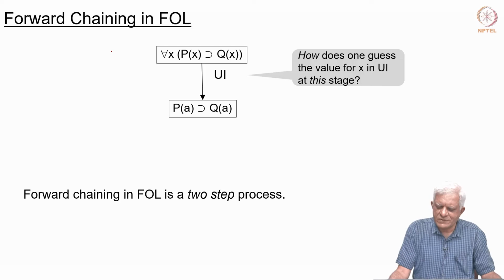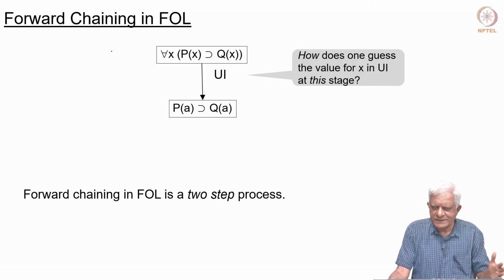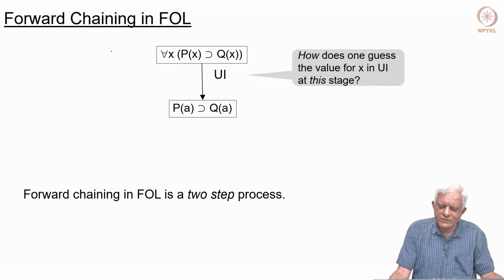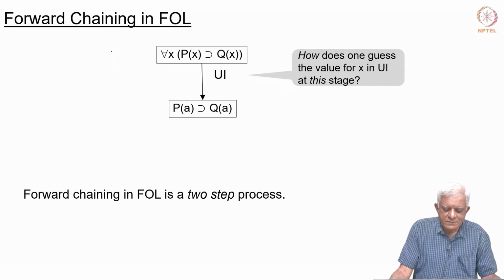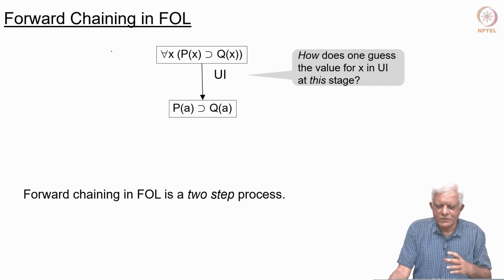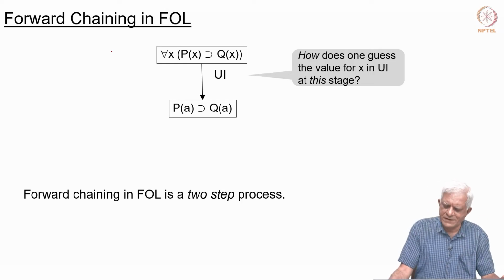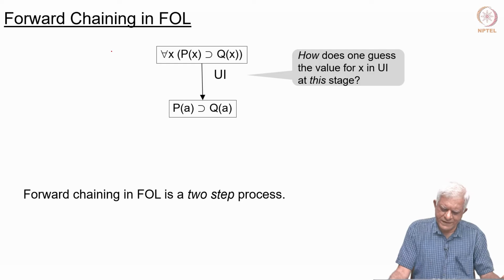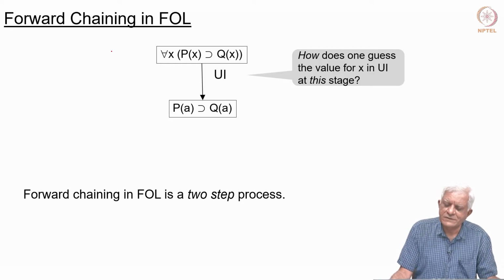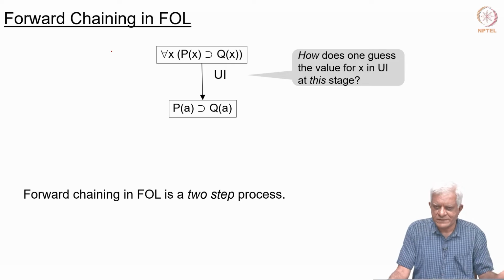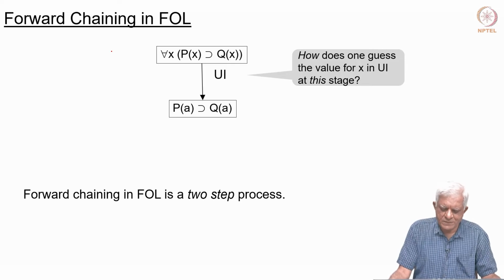Now, that is a question you should think about: if you are implementing it as it is, how would you make this guess as to what you should instantiate x with? We often do this when we look ahead and say, okay, we are not talking of some arbitrary a, we are talking about some specific a. So, for example, we are talking about Alice in the problem that we saw just now, or we are talking about Socrates when we talk about mortality.